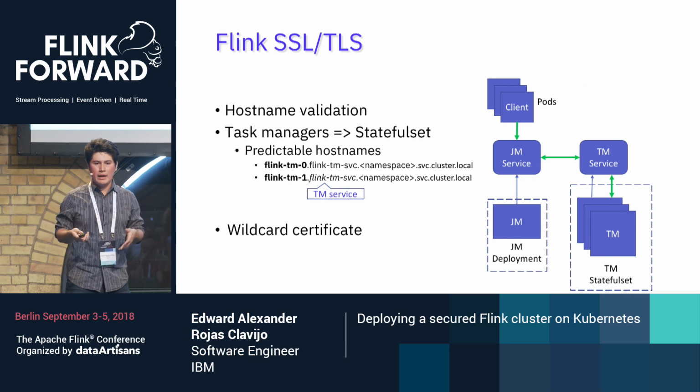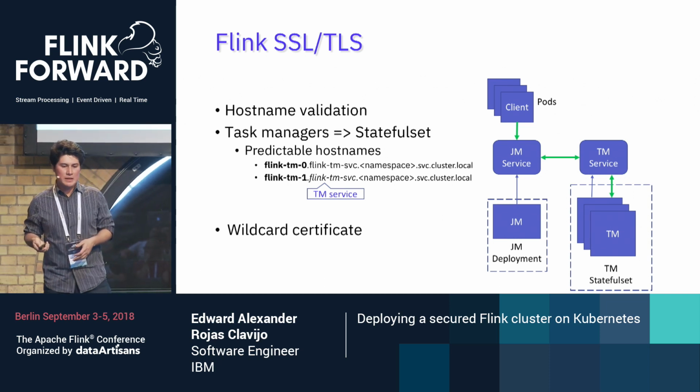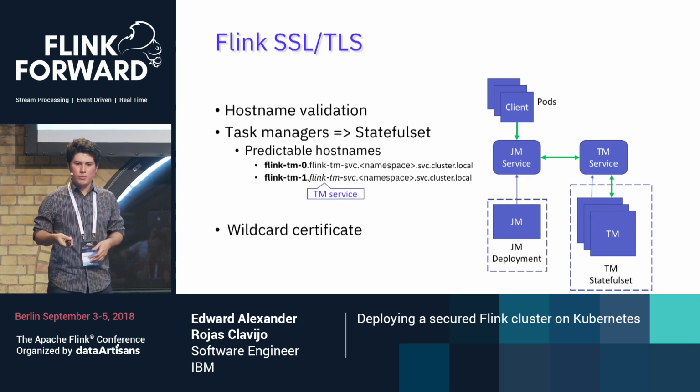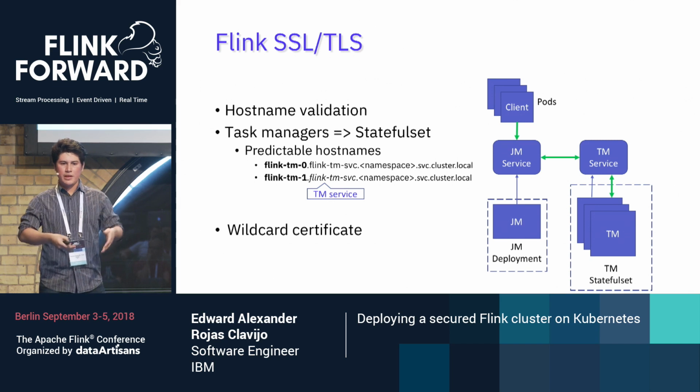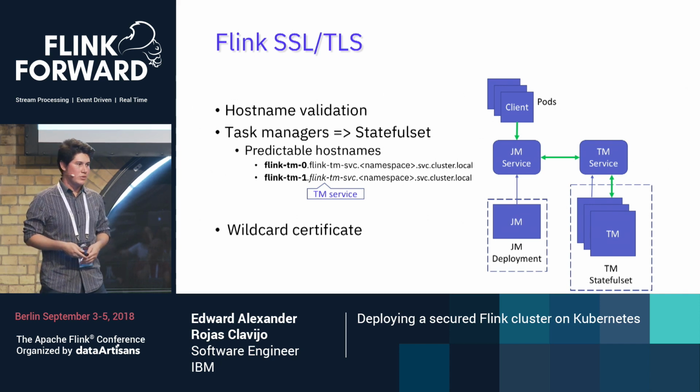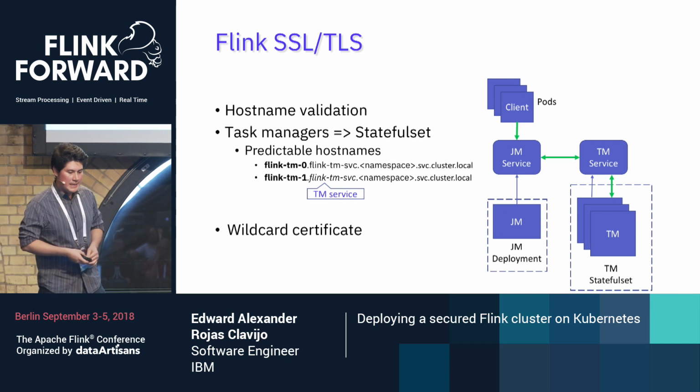So we can have a certificate authority that is included in the Truststore of all these components, and then from that issue a certificate for the job manager, a wildcard certificate for all the task managers, and certificates as well for the pods performing the submission of the jobs.